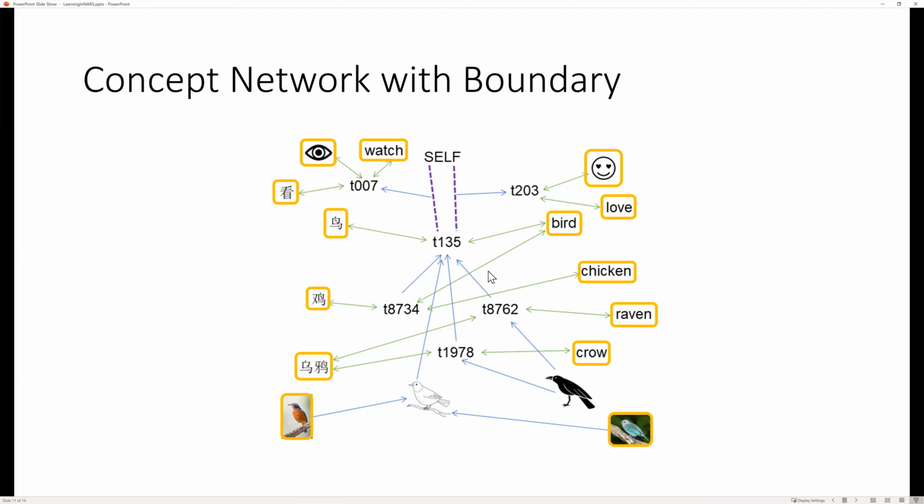Then we also have a bunch of things that directly come from your sensorimotor system. For example, whenever you see a picture, if it's represented within the system, that's also a term, which may correspond to a concept. That concept does not have a verbal name. Its name is just the picture itself.